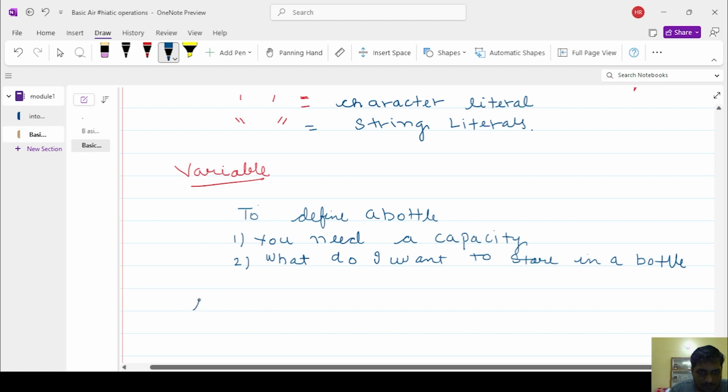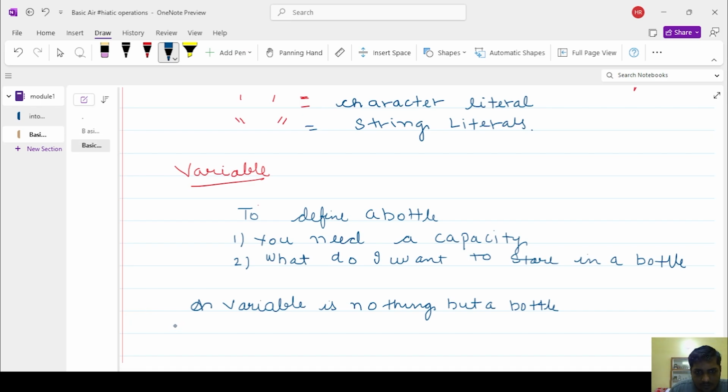So a variable is nothing but a bottle. Okay, variable means a bottle.